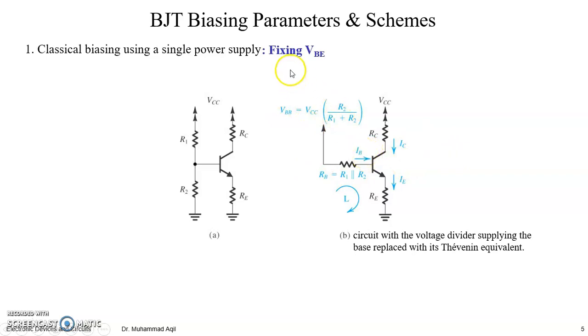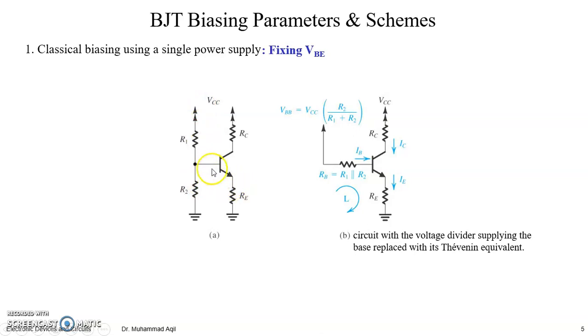This is called voltage divider biasing, by which we are fixing the base to emitter voltage. By using this R1 and R2 about this VCC, we are fixing the base voltage with respect to the emitter.